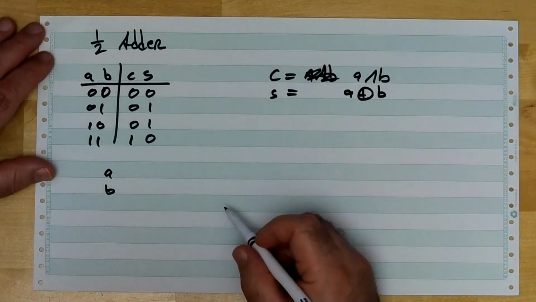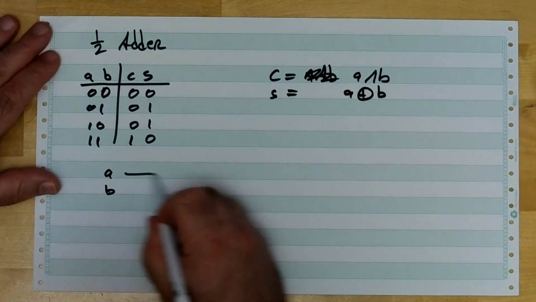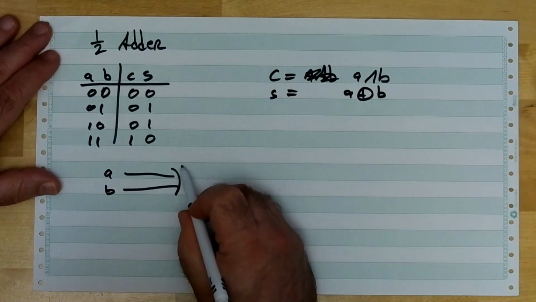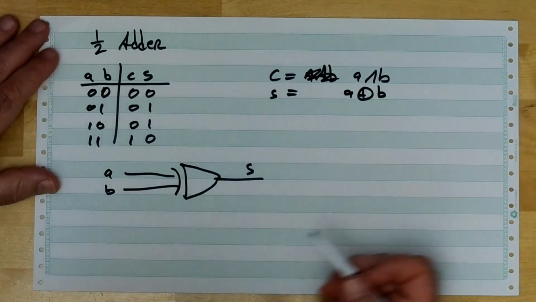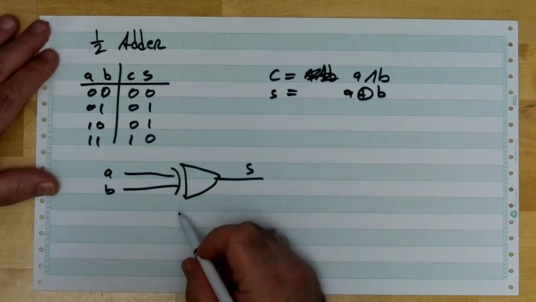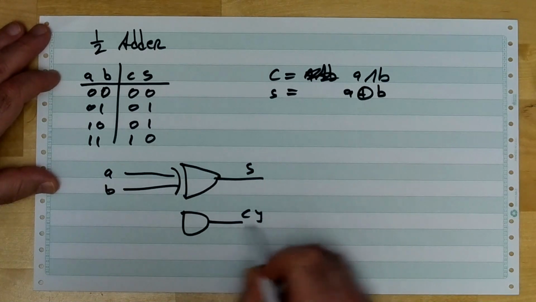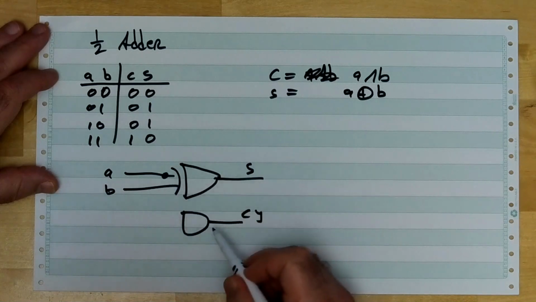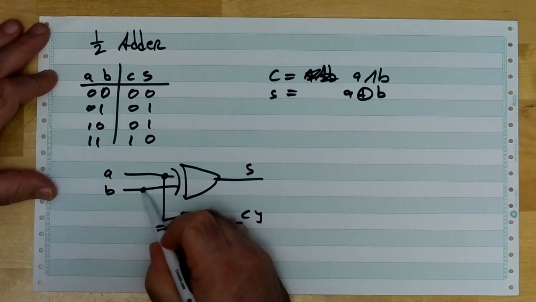So how do we do this in a circuit then? We can simply hook A and B up to the XOR gate and label that our sum. Then we hook up A and B to an AND gate for our carry. When you do this, we need to make sure it's clear to everyone where these wires really go.